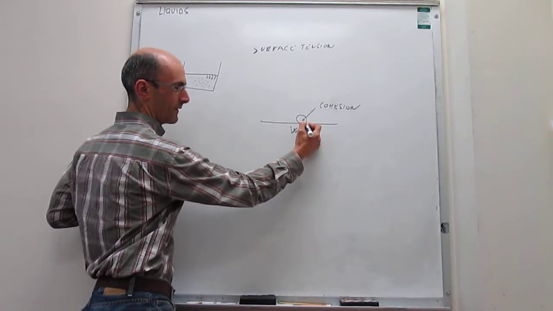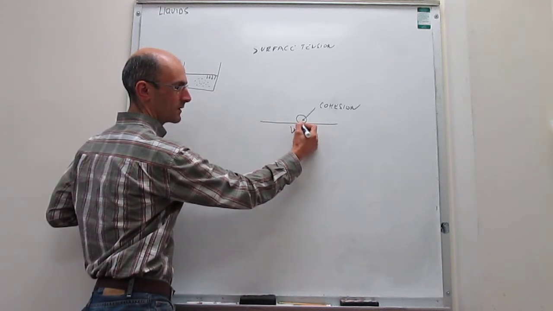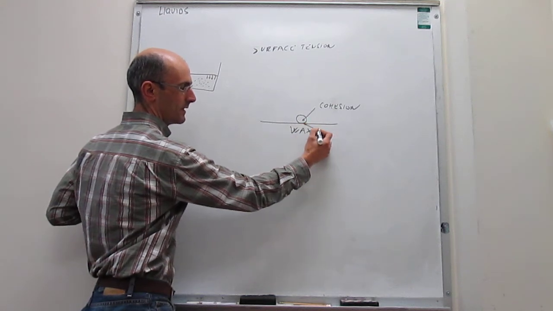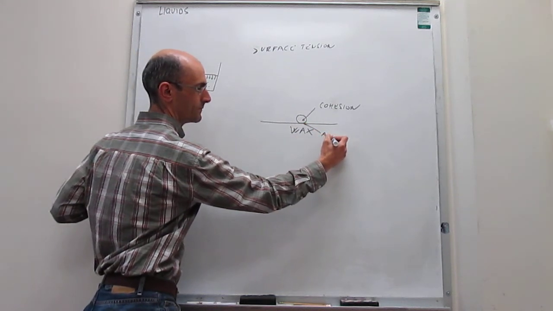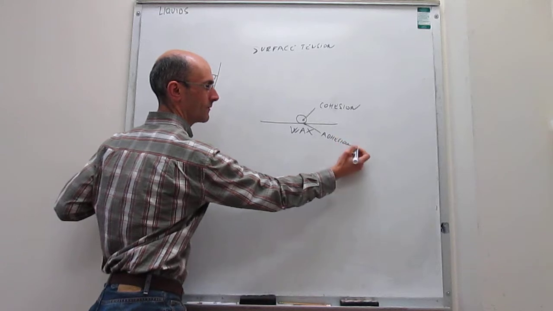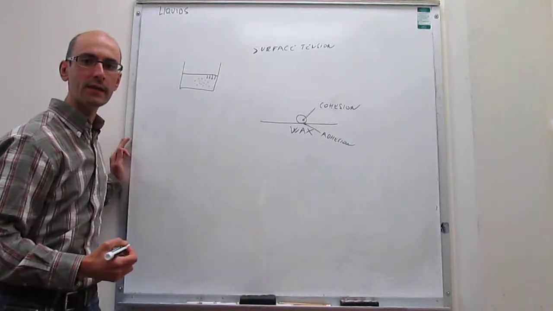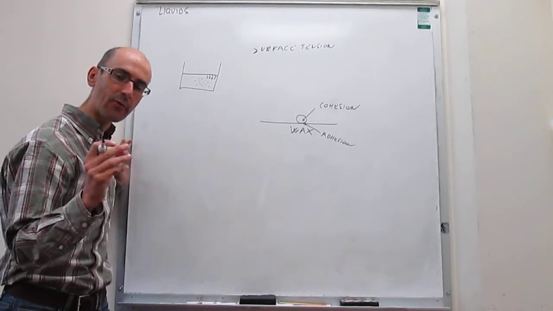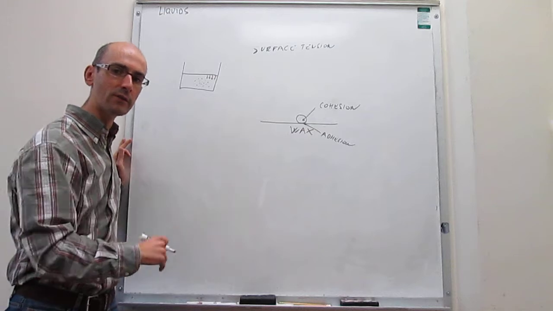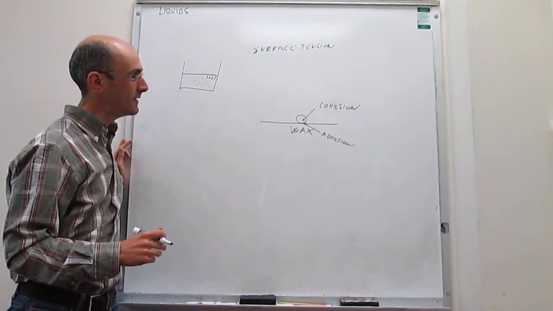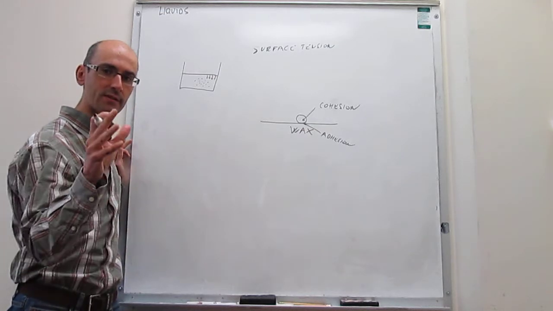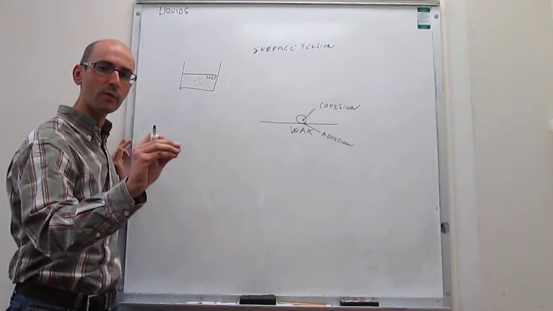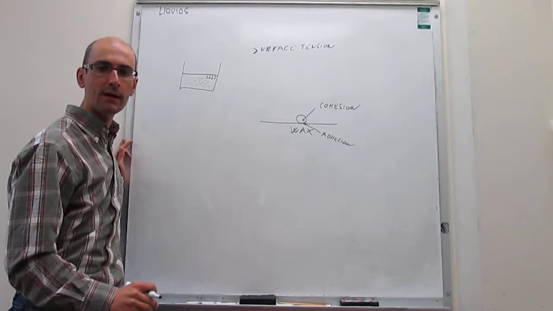Now, we also have this different type of interaction, which is between the molecules of the droplet of the liquid and the molecules of the surface. And this is what we call adhesion. Right? So what happens in this particular case is that the cohesion forces, the interactions between water molecules, are larger than the adhesion forces, the interaction of the water molecules with the wax molecules.